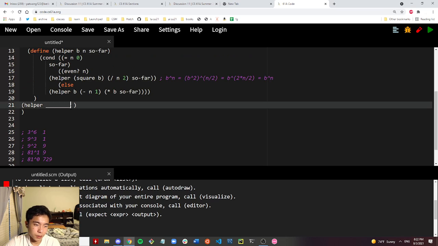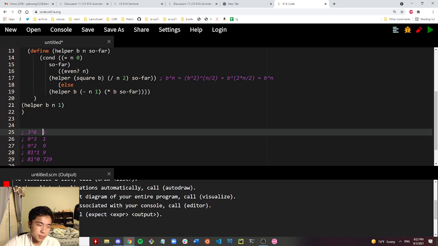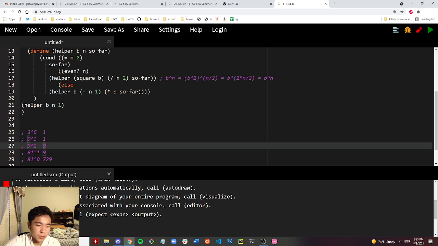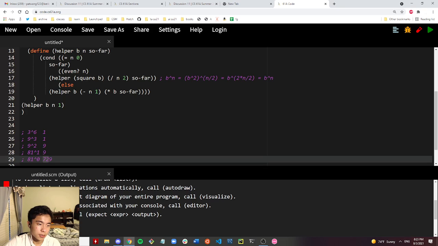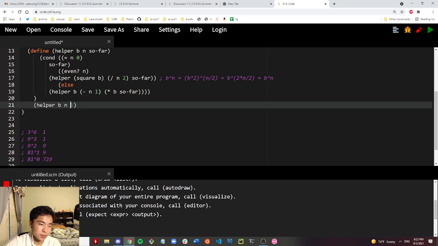We want to start out with 1, because if you think about our factorial, for example, our base case was 1 because we can multiply everything starting out from that. The same idea applies here. So we start out with 1, and then we can multiply by 9, multiply by 81, etc. When you start out with multiplication, you usually start out with the number 1.